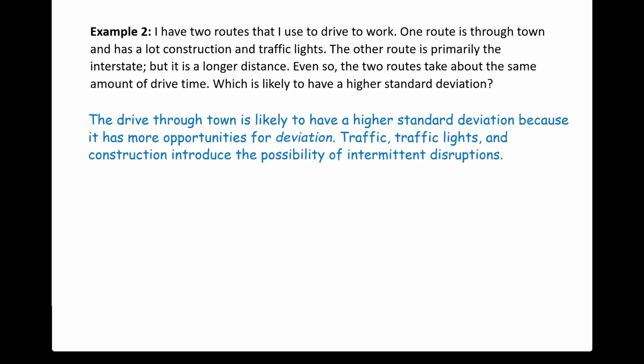The drive through town is likely to have a higher standard deviation because it has more opportunities for deviation. You've got traffic lights, and construction, and they all introduce the possibility of intermittent disruptions.